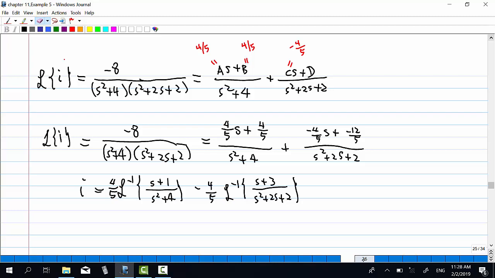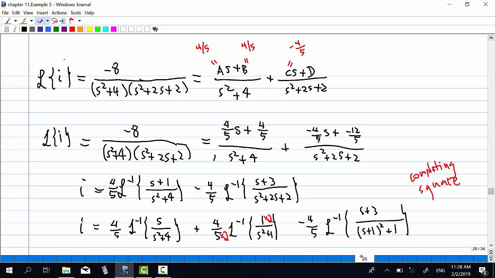Then you can split the first term. So you get 4 over 5 inverse Laplace transform of s over s squared plus 4. And then the second term actually is 1 over s squared plus 4, but you purposely multiply by 2 and then divide by 2, so that the second term will give you sine 2t.